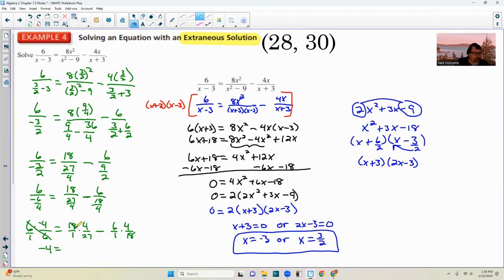Okay. 18, 9 will go in twice. 9 will go into 27 3 times. 4 times 2 is 8 over 3. Minus, and this 6 will make this 18 a 3. And that's 4/3. So 8/3 minus 4/3 is 4/3. So negative 4 equals 4/3 doesn't check.